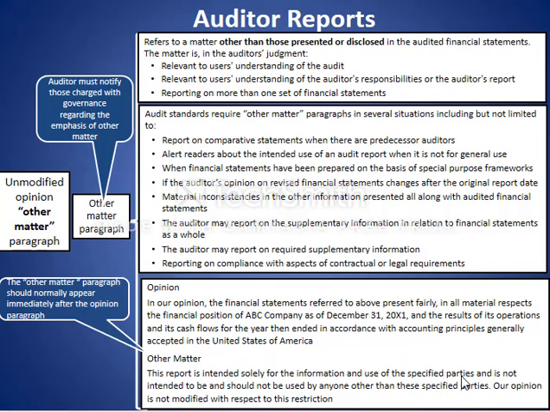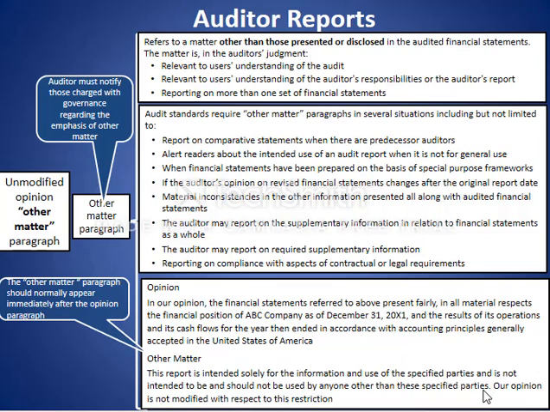So this comes under the condition where we talk about alerting readers about the intended use of the audit report when it's not for general use. This report is intended solely for the information and use of specified parties. It is not intended to be and should not be used by anyone other than these specified parties.